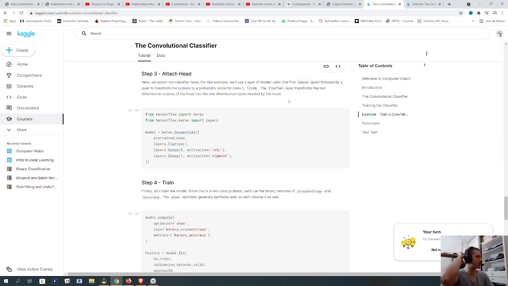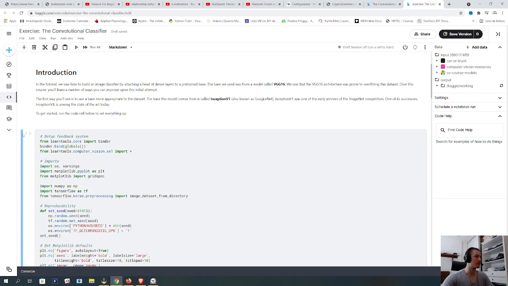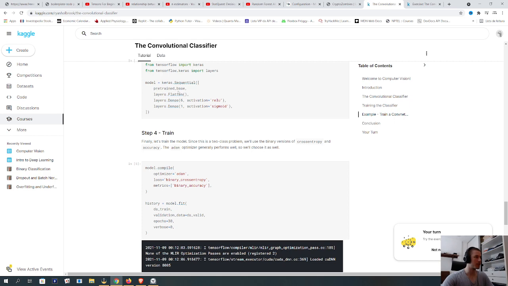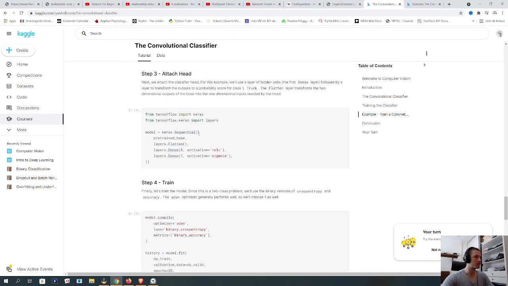Not exactly sure how this works. Apparently it's not loading. Let me just load this train. So it's pretty much like the other cases, the only difference is the pre-trained base here, which is this model that is attaching to this one.